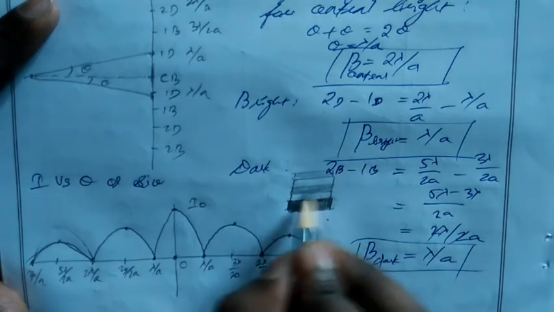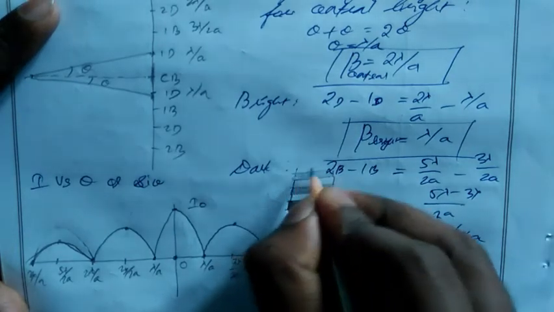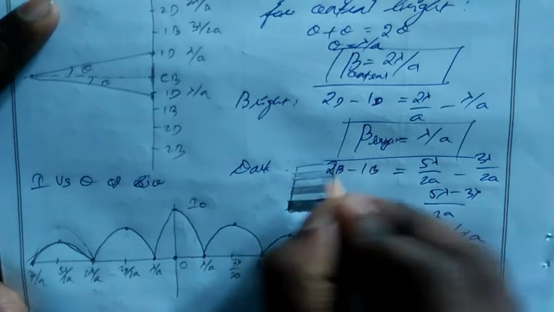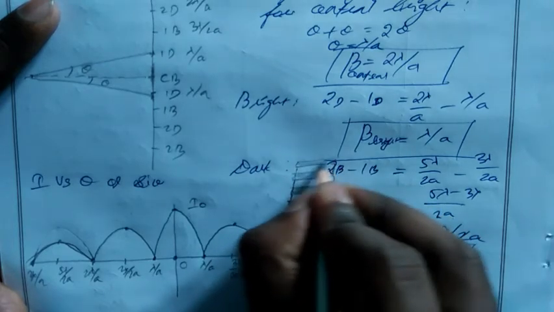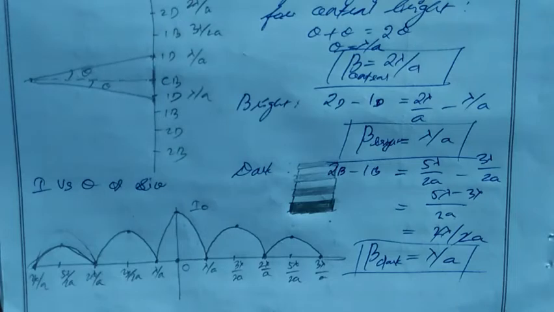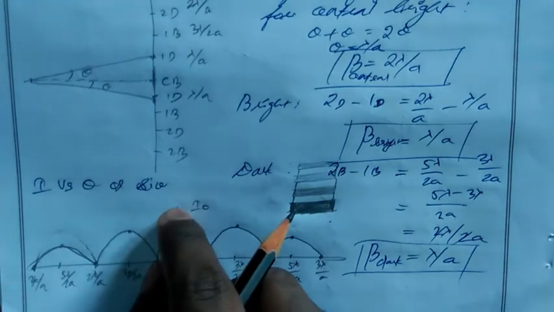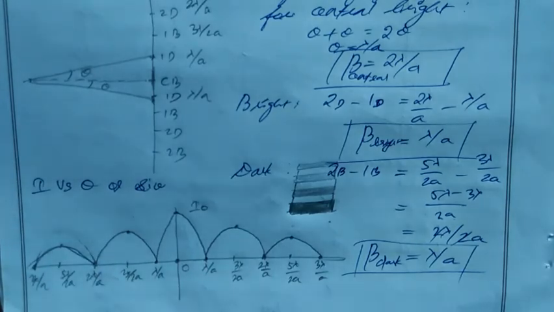Then third dark and third bright. Further the thickness will reduce and the brightness also reduces. So here we have the maximum, and then decreasing values, further decreasing. Likewise the brightness will be in decreasing mode.